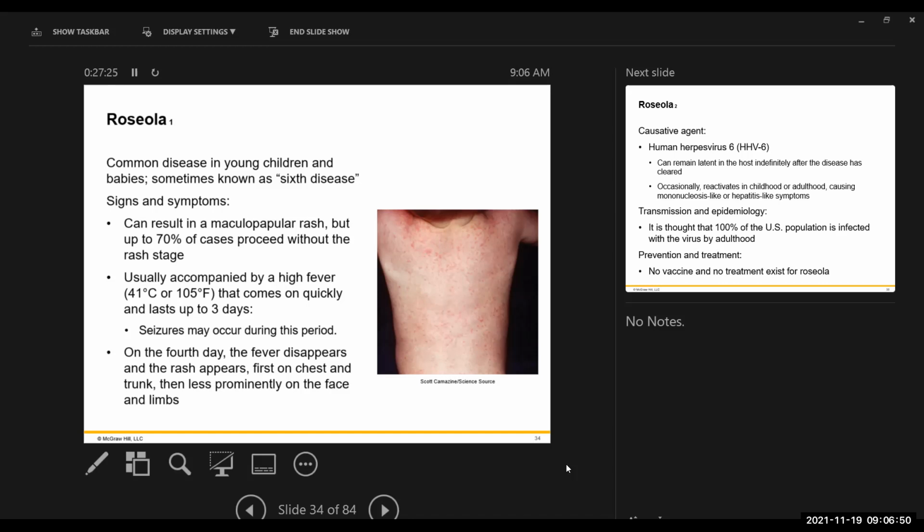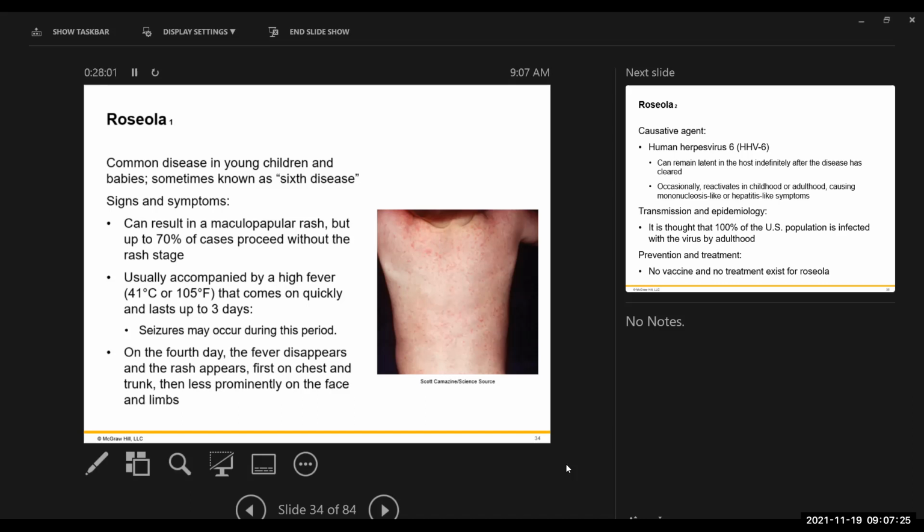Diagnosis of this tends to be through clinical features. There is, however, a PCR test available, also serology looking for IgM antibodies against the virus. A lesser known cause of roseola infantum is HHV7. So if the HHV6 PCR test doesn't pick it up, you can also order an HHV7 just to be sure.